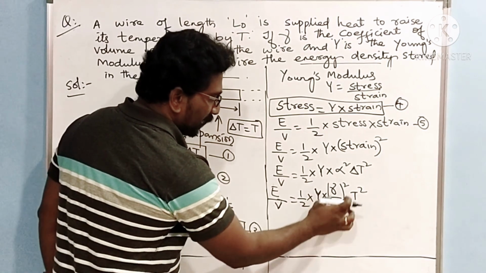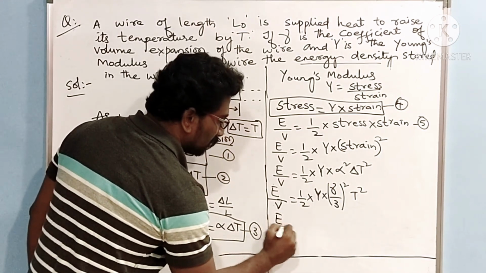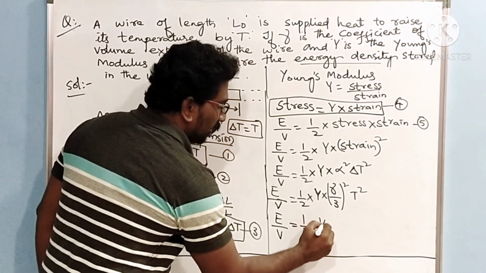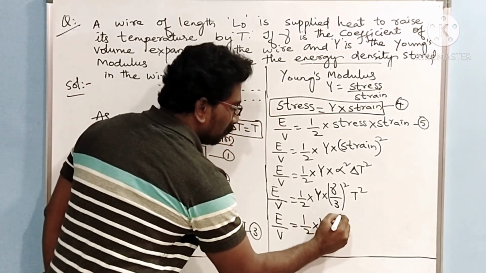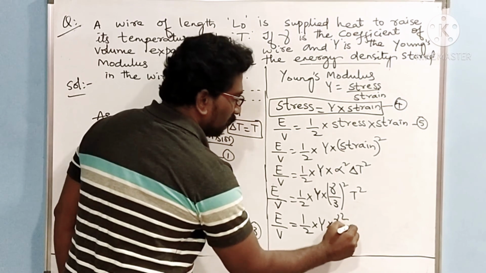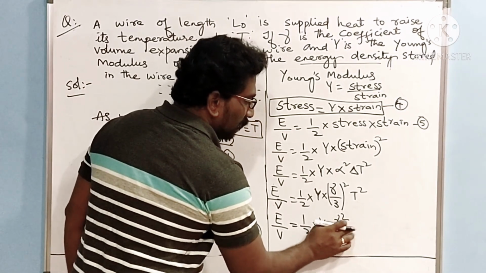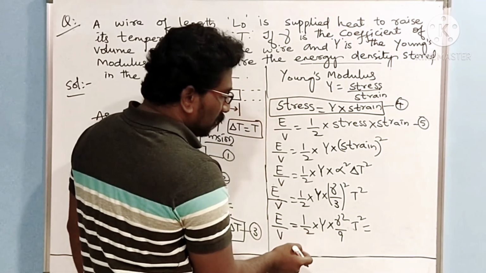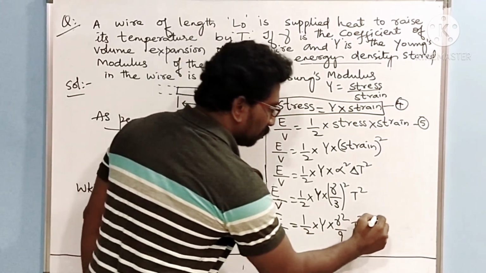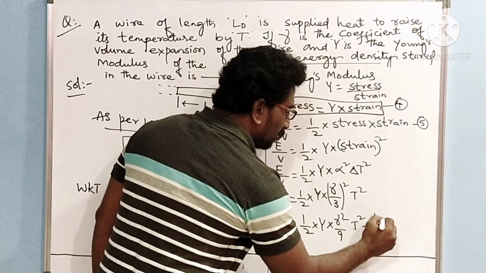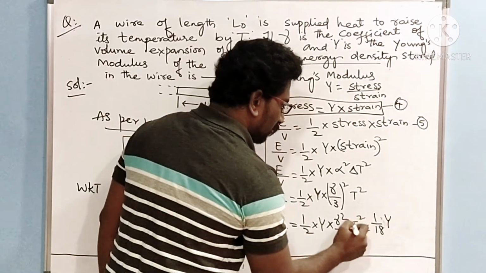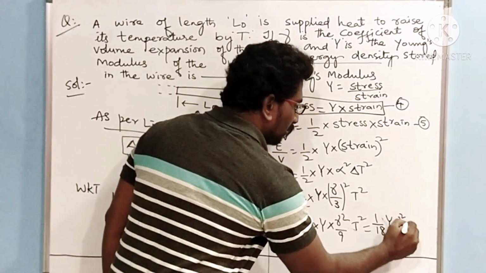Now if I expand this term, it becomes E over V equal to 1 over 2 into Young's modulus into gamma square by 9 into T square. And if I do the multiplication of the denominator, it becomes 1 over 18 into Young's modulus into gamma square T square.